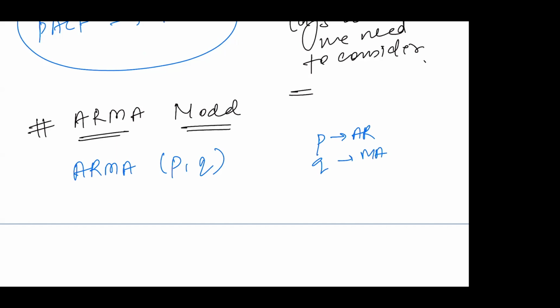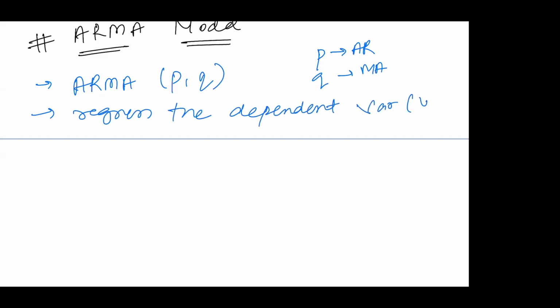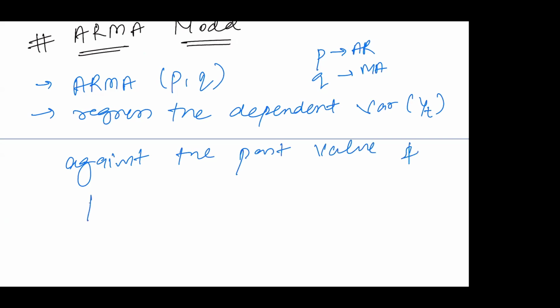That's why we call it autoregressive moving average. Here we regress the dependent variable Yt against the past values and past errors. Past values mean the AR component, past errors mean the MA component.